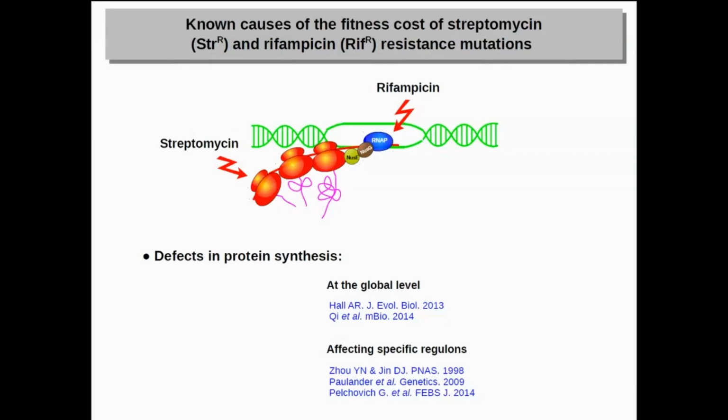Rifampicin targets the RNA polymerase, and mutations in one of its subunits confer resistance to rifampicin, and streptomycin targets the ribosome, and mutations in one of the subunits of the ribosome cause streptomycin resistance.